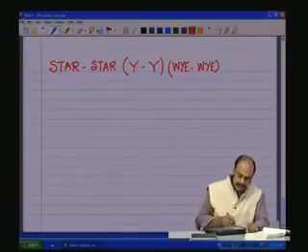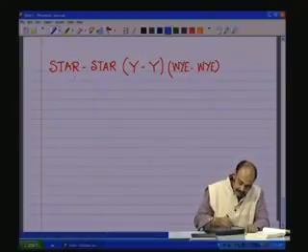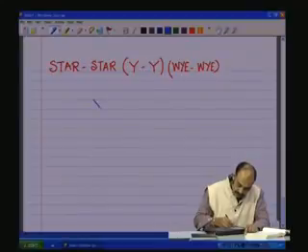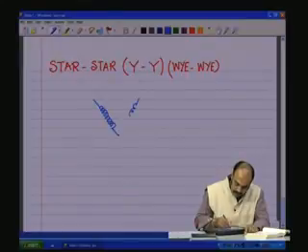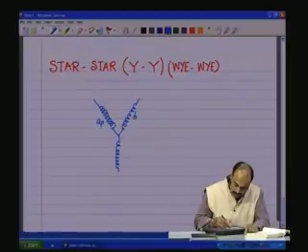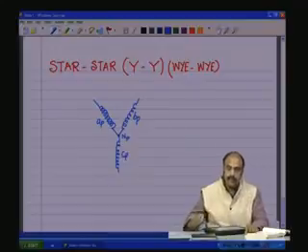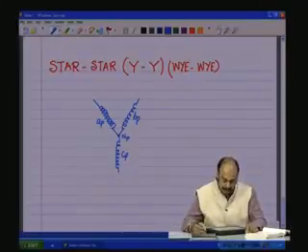In the case of the star star connection, as the name indicates, the primary is connected in star. All the primary coils, that is the AP, BP, CP, are all connected in star fashion, and it is connected to NP, the neutral point on the primary side.